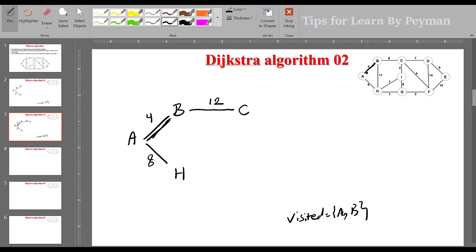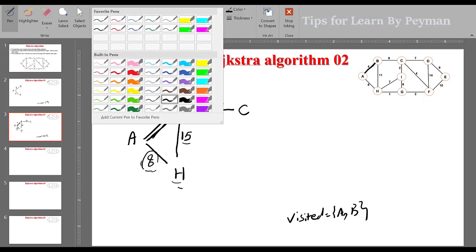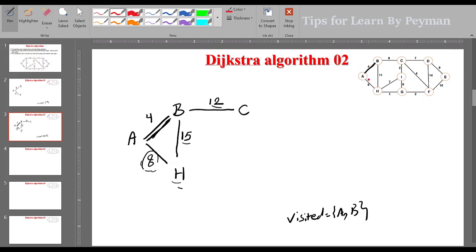So 11 plus 4 would be 15 for this path. We have 15. So which one is the lowest among 8, 15, and 12? I choose the 8, which is H here, and I mark it with red color in the second level.